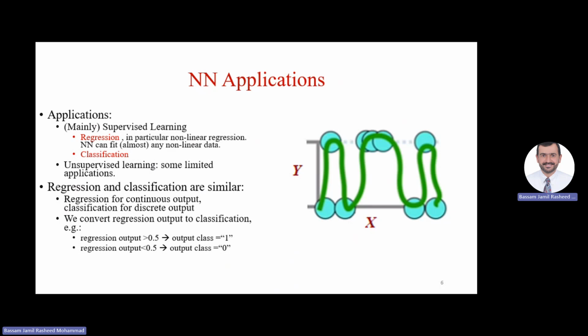The neural network applications typically are regression and classification, and they are very related. Regression output is continuous.